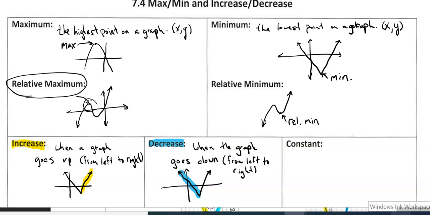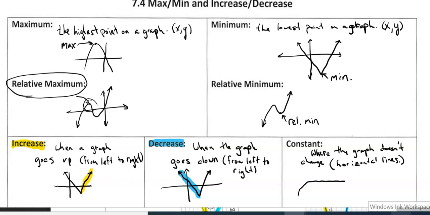And then constant is where the graph doesn't change. We see this in horizontal lines. So maybe I had a graph that was something like this, went up.